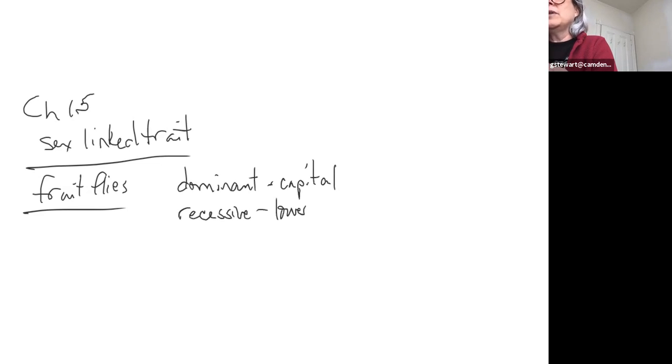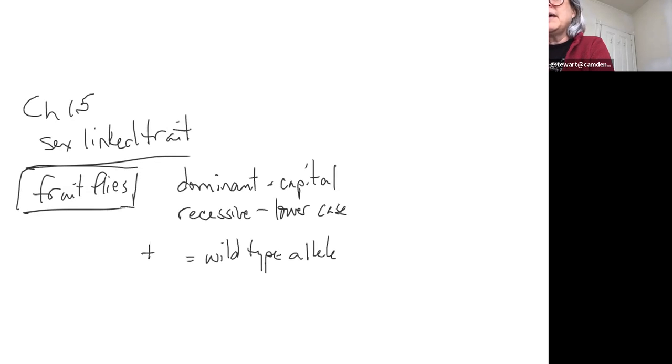Sometimes they might be 2-letter designations. However, what's different when we start talking about animals in general is that we use a plus sign to indicate the wild type allele, which means the one that is the most prevalent in the population. And sometimes that happens to be a recessive allele, and sometimes it's a dominant allele.